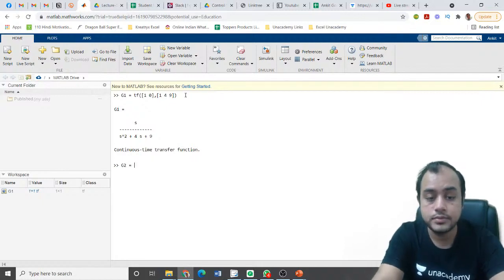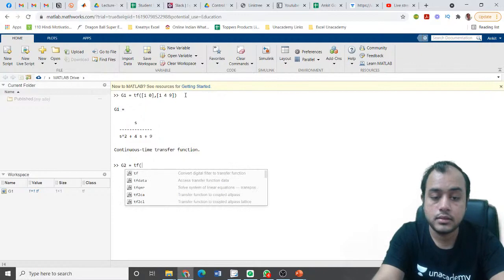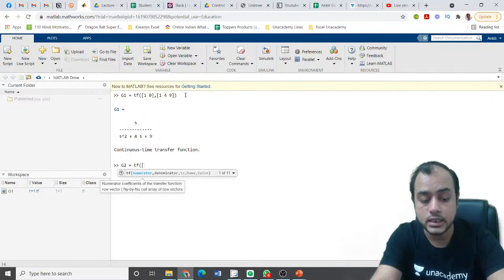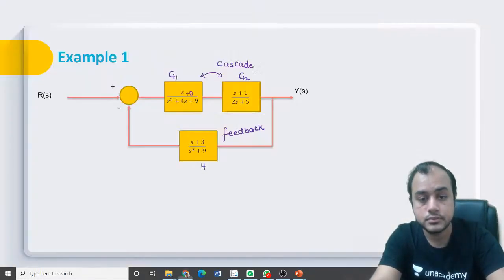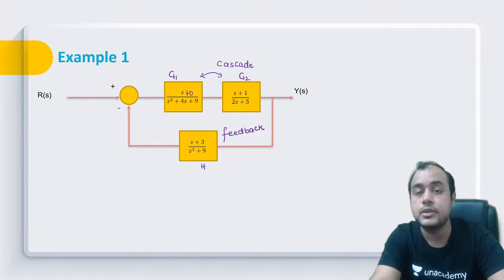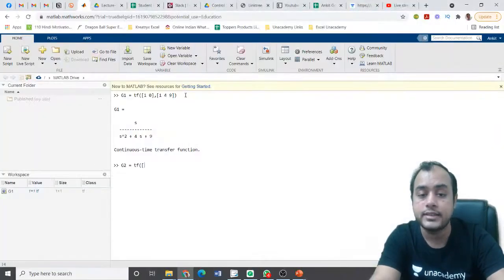Now G2. What are the terms there? S plus 1 over 2s plus 5, that is, in the numerator we have 1 and 1 as the coefficients. In the denominator we have 2 and 5 as the coefficients.